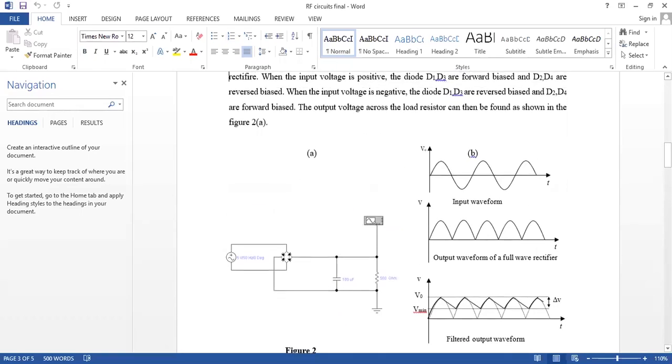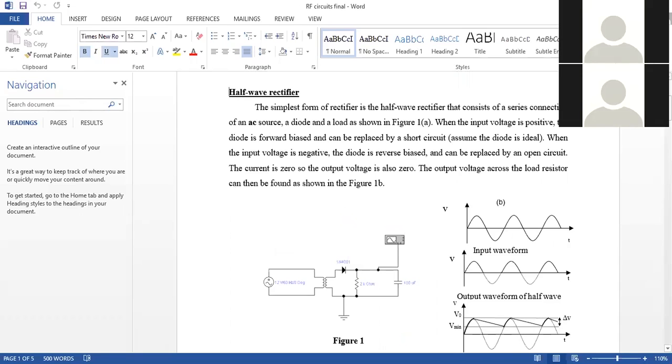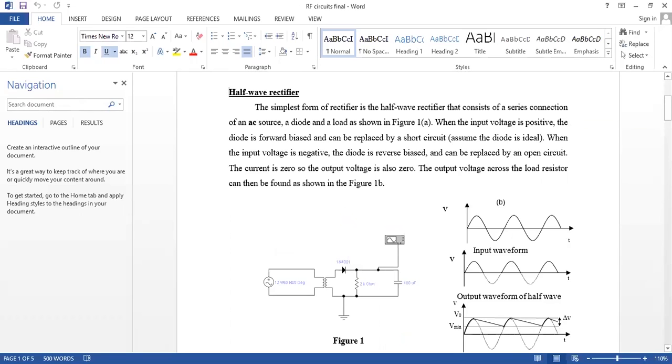Rectifiers can be classified into two categories: half wave rectifiers and full wave rectifiers. Whenever a sinusoidal signal is applied as the input to a half wave rectifier, the rectifier only allows one half of the sine wave and rejects the other half.